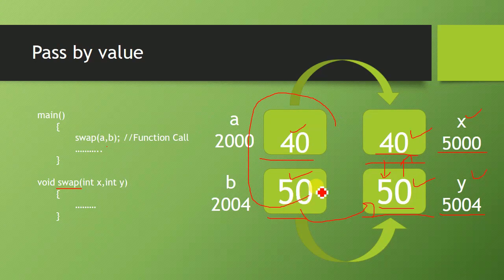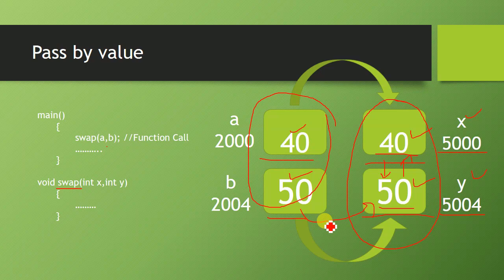These are different memory locations, and x and y are copies of a and b, stored at different memory locations with their own values. If we change the values of x and y in the called function, those changes will not be reflected back where the function is called.